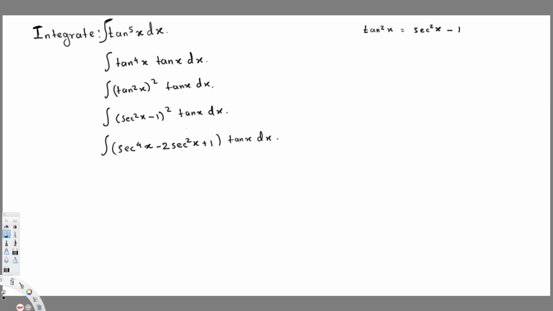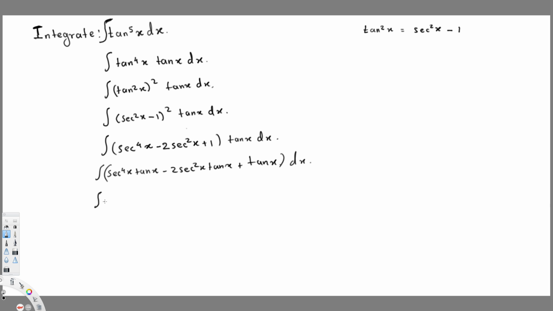Let's multiply everything by this tan x. That gives us sec^4 x tan x minus 2 sec square x tan x plus tan x, all times dx, right? Now I can separate all these as individual integrals.